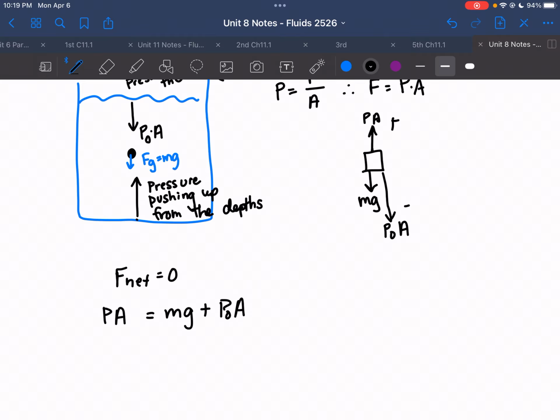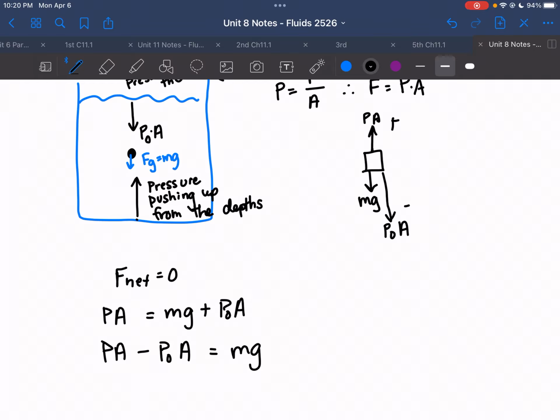Now, what I want to do is solve as much as I can for the gauge pressure. I know that the gauge pressure is going to take the atmospheric pressure and remove that amount from the true absolute pressure. And so if I get my pressures together, I'm going to subtract the atmospheric pressure on both sides to look like this.